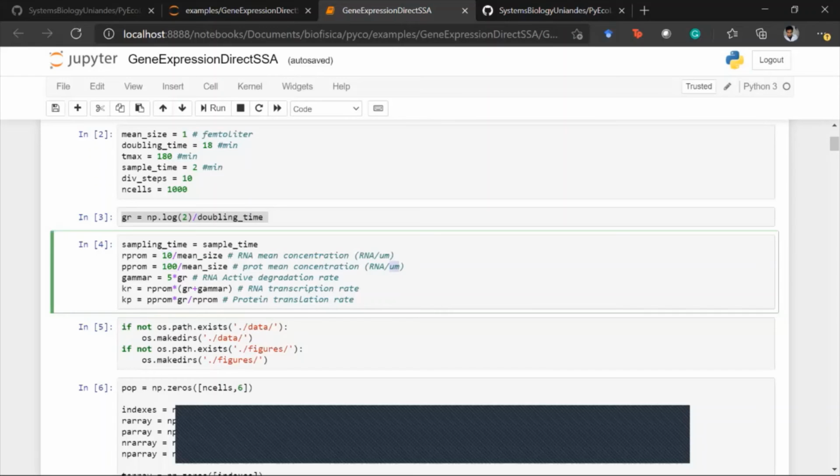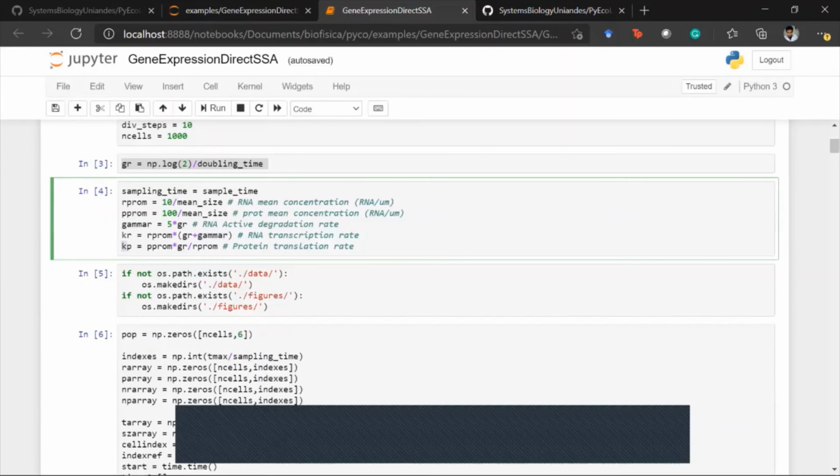The degradation rate of RNA, which is 5 times the growth rate, I mean 5 times faster than the growth rate, and the production rate, the transcription rate, that depends on the steady state concentration of RNA and the dilution rate, which is the growth rate, and the degradation rate.